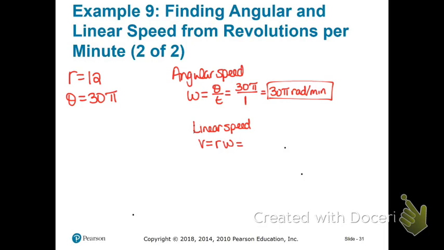So our radius, which is 12, times omega, which was 30 pi radians per minute. So when we plug this in, we end up getting 1130.973, and it's a linear speed, so it's got to be in feet from the 12 feet, and the units for the time was in minutes.